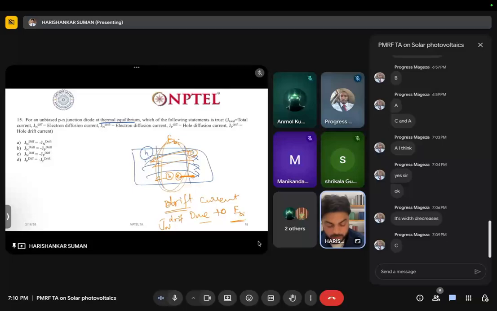Multiple options will be correct. Diffusion and drift: according to your N and P side, diffusion and drift will balance. Also C, D option.